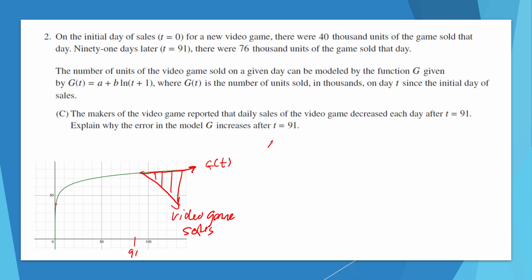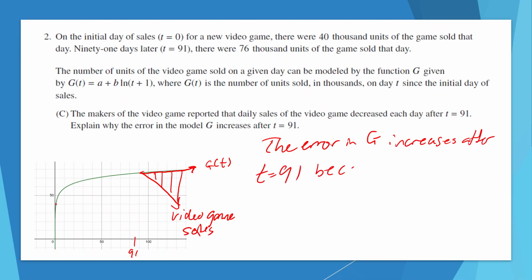So I would say the error in G increases after t equals 91 because, so that's just using a complete sentence, and then because G of t is increasing while the daily sales is decreasing.